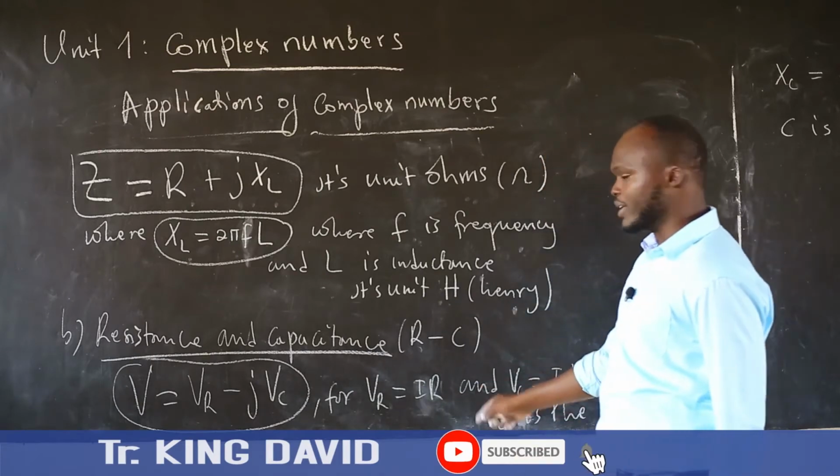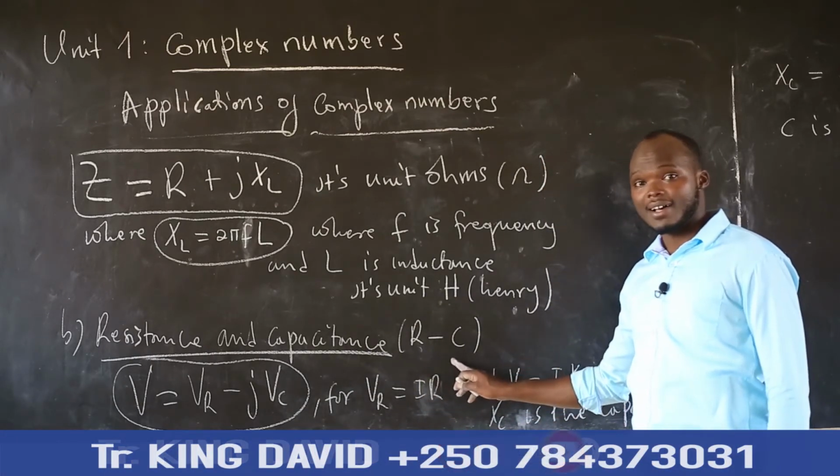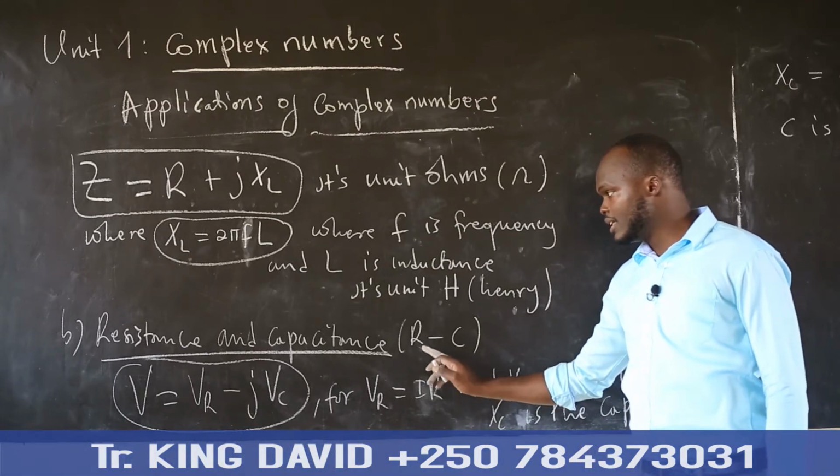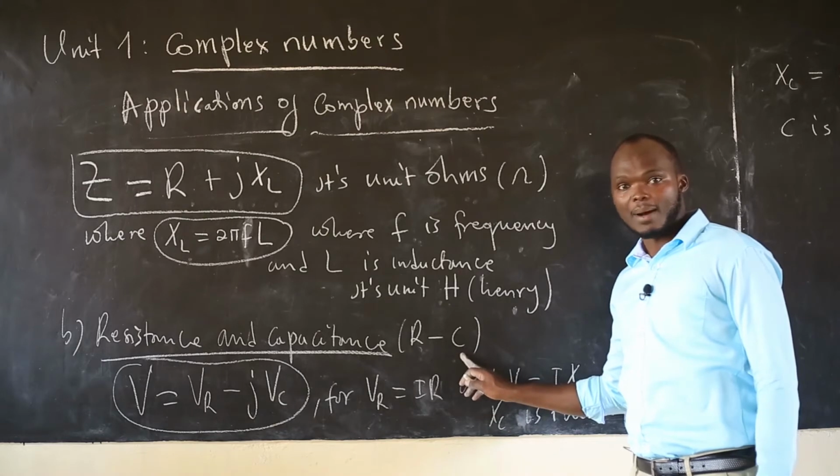So we are going to B, where we have resistance and capacitance.